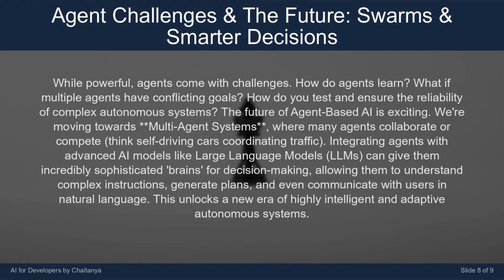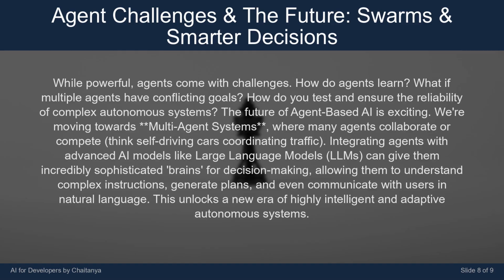While powerful, agents come with challenges. How do agents learn? What if multiple agents have conflicting goals? How do you test and ensure the reliability of complex autonomous systems? The future of agent-based AI is exciting. We're moving towards multi-agent systems, where many agents collaborate or compete. Think self-driving cars coordinating traffic.